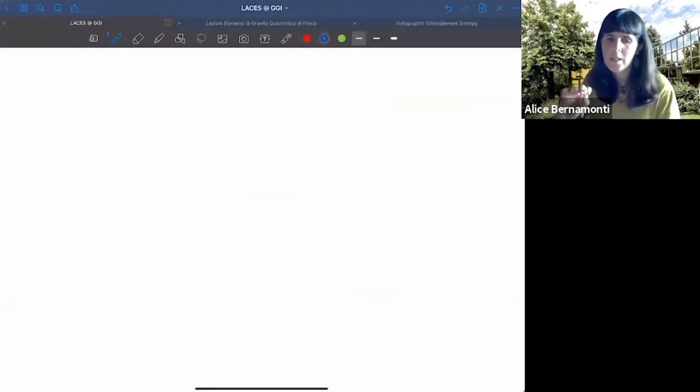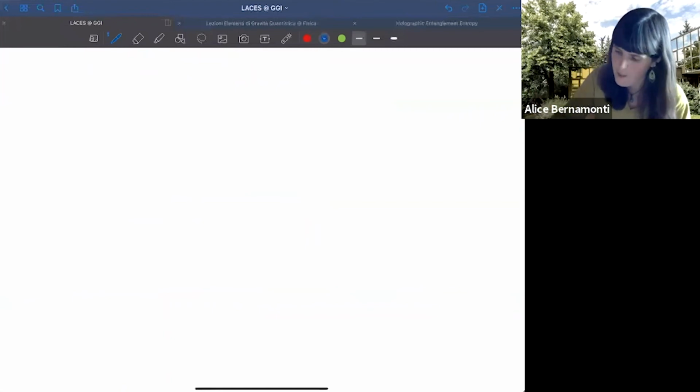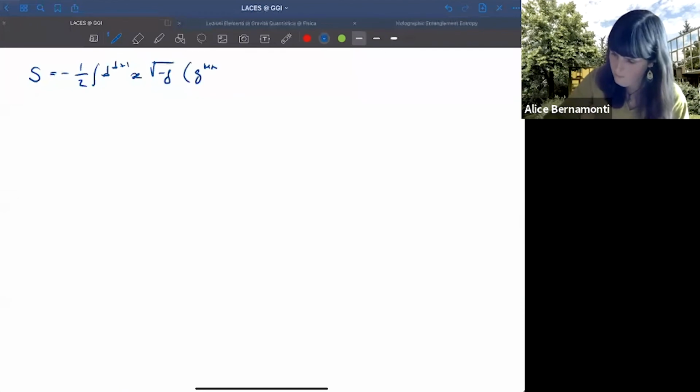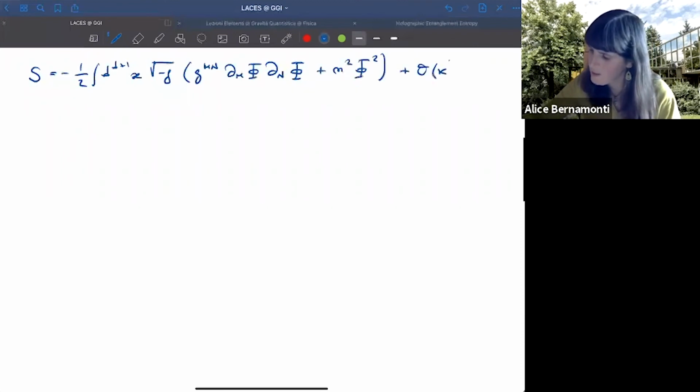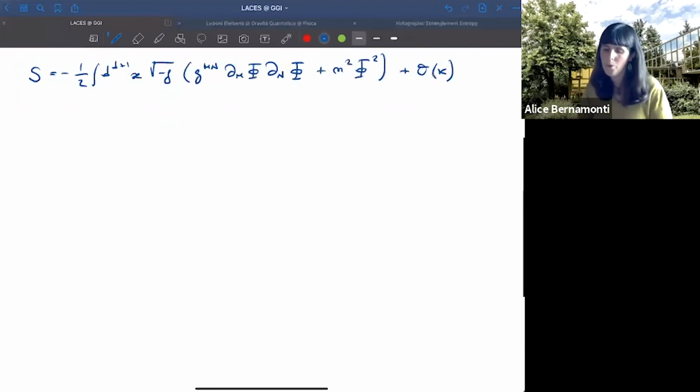So now phi is the canonically normalized field. And then we have all the higher orders in kappa, which we are here neglecting.